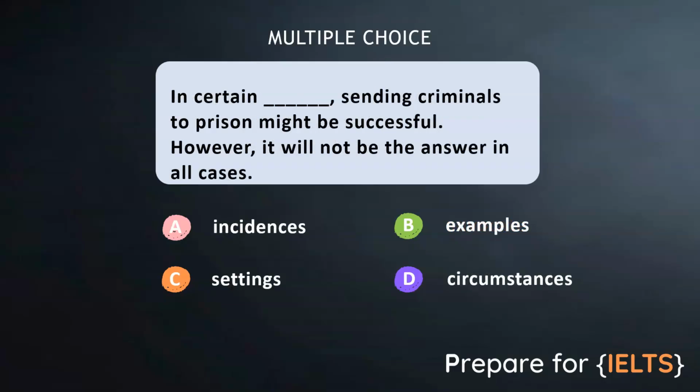In certain something, sending criminals to prison might be successful. However, it will not be the answer in all cases. So we need the word here which we can put after in certain, and it is circumstances. We could put conditions here sometimes as well. So in certain conditions or in certain situations might work too.